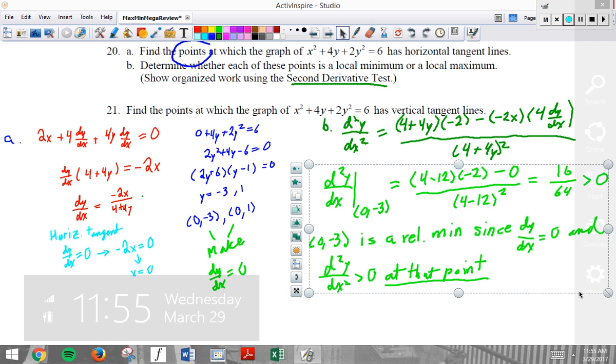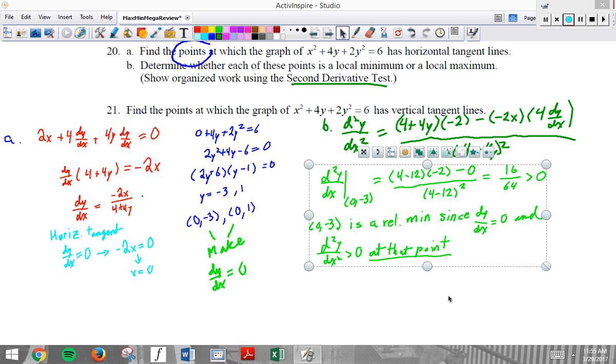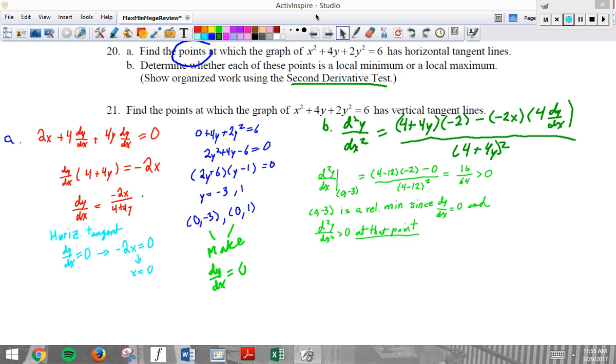Next, probably need more space than that. d squared y/dx squared for (0, 1), the other y-intercept. That will be 4 plus 4.